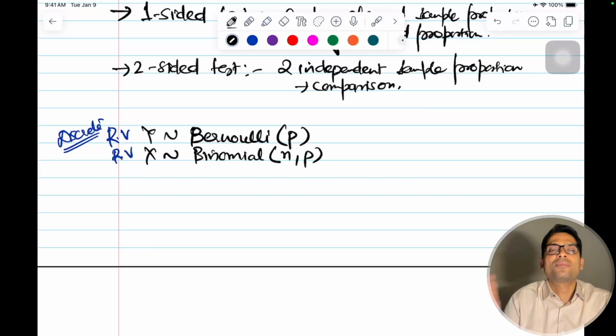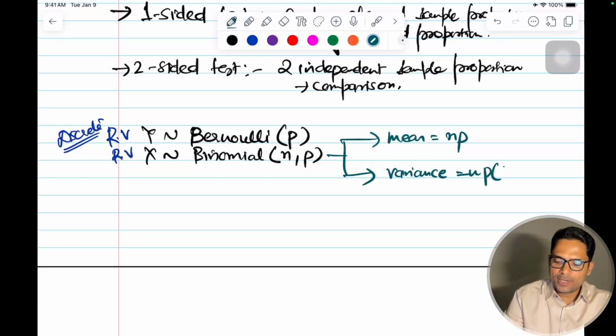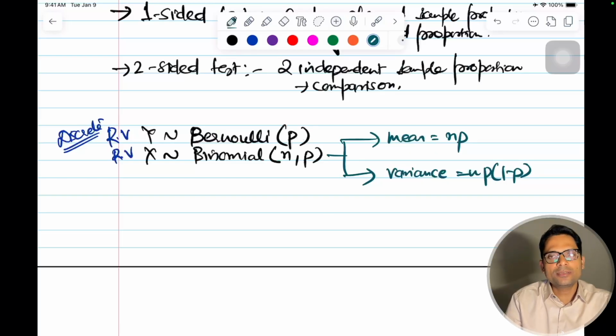n is the number of times we are doing the trial. For n Bernoulli trials, what are the mean and variance we have seen in the past? The mean here is equal to n into p, and the variance here is equal to n into p into 1 minus p. We know this already.